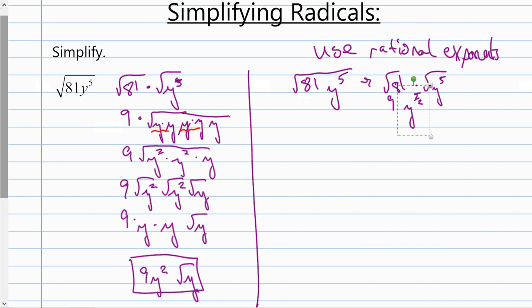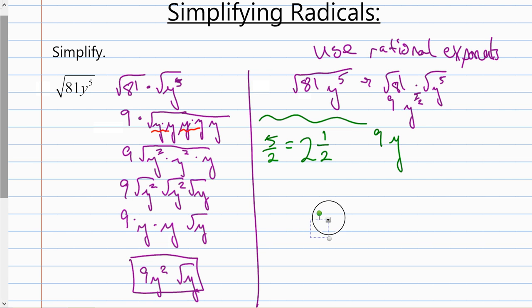So when I look at my 5/2 power, if I think of this like a mixed number, 2 goes into 5 2 times with 1 left over. So I can say that I have 9y to the 2 1/2 power.